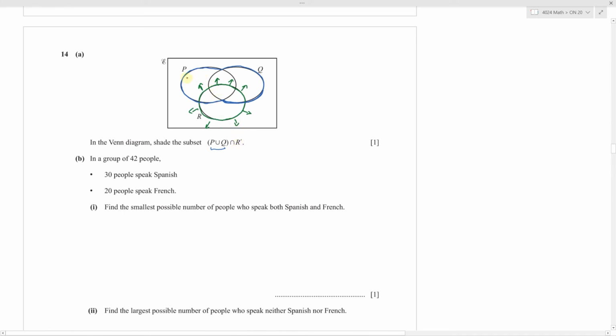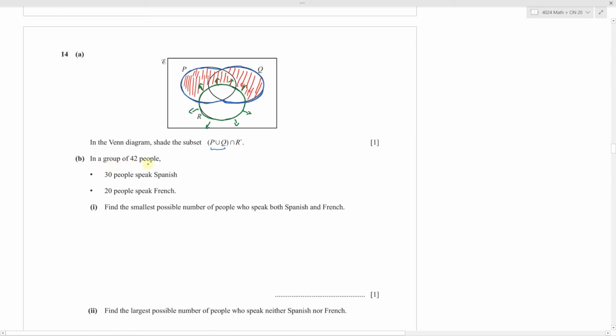So everything inside of blue but outside of green is this region that I'm shading in red. So this is everything inside of blue, which is P union Q, and everything outside of R, which is R complement. So this red region represents P union Q intersection with R complement.